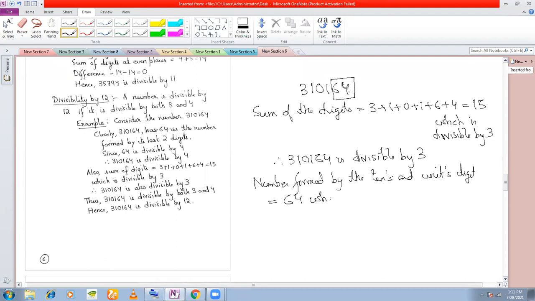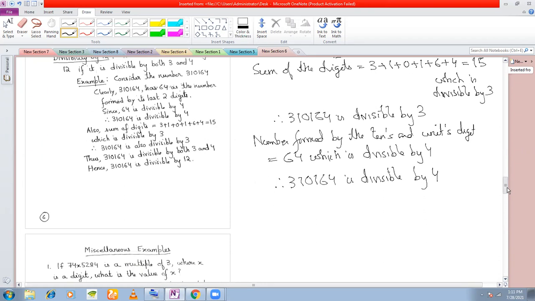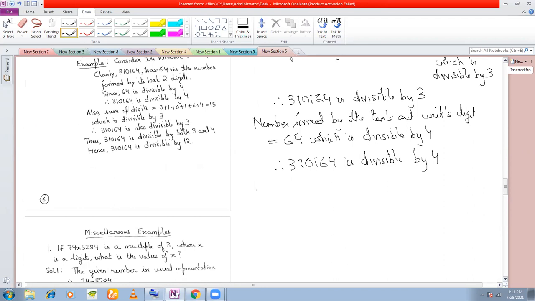Which is divisible by 4. Therefore, this number 310164 is divisible by 4. Hence, this number 310164 is divisible by both 3 and 4.